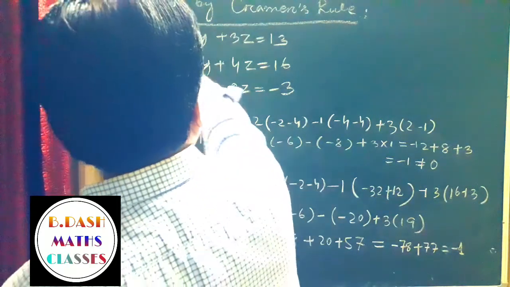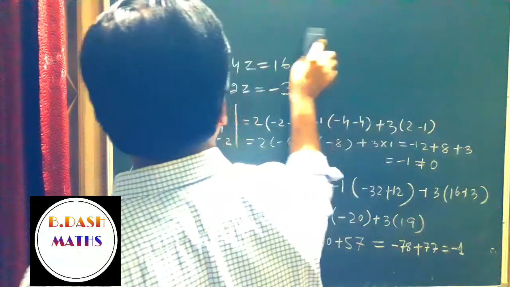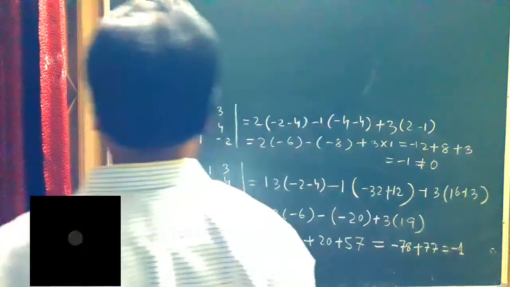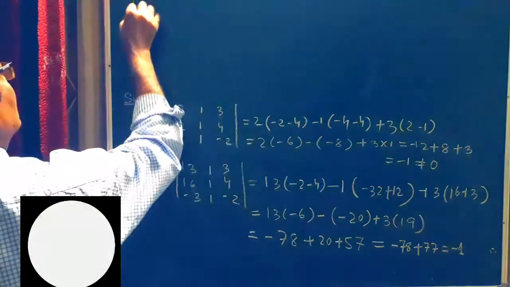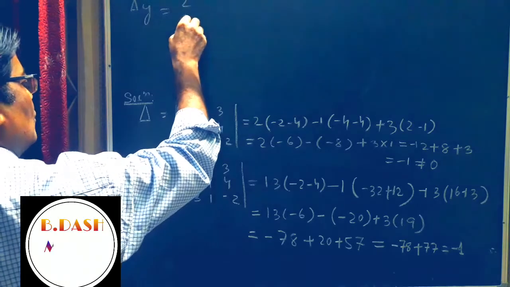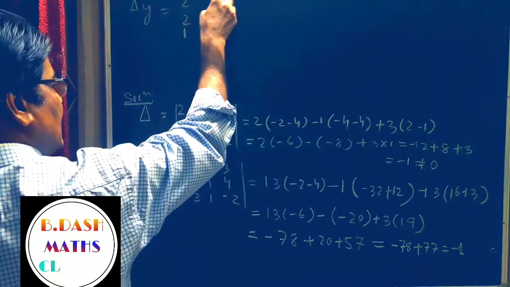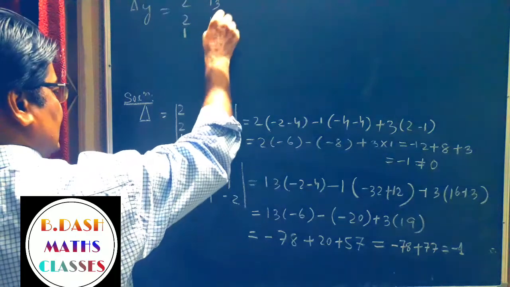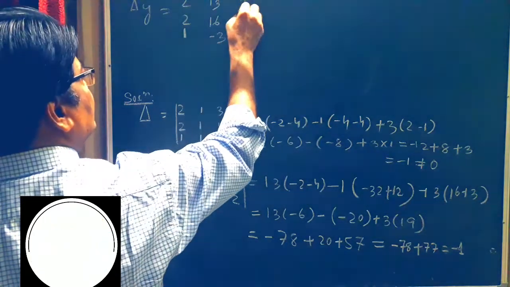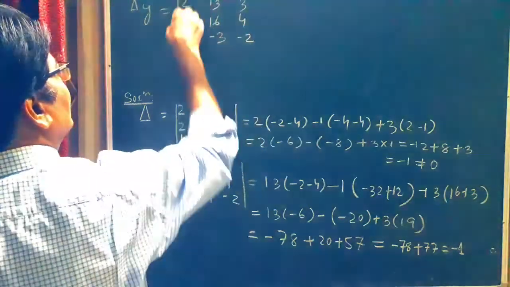Then let us proceed to find delta y. Delta y will be the determinant 2, 13, 3; 2, 16, 4; 1, 3, -2.